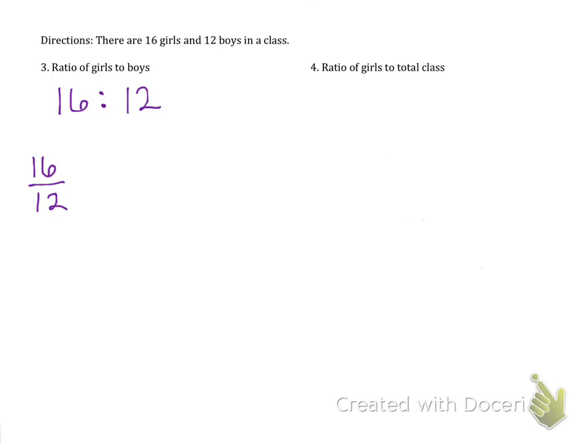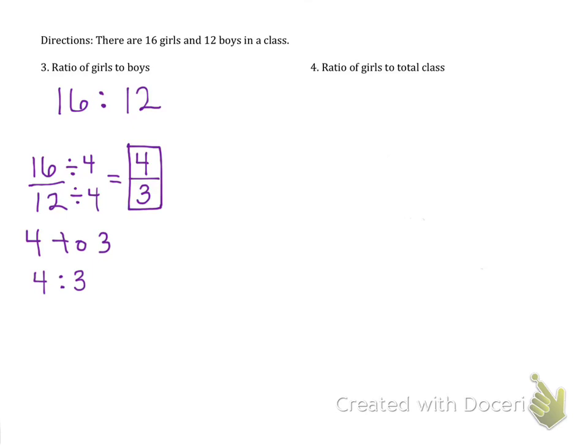Well, we could divide both the top and the bottom of the fraction by 4. So 16 divided by 4 is 4, and 12 divided by 4 is 3. So our simplified ratio is 4 to 3. So you could either leave it as a fraction like this, we could write 4 to 3, or we could write 4:3.